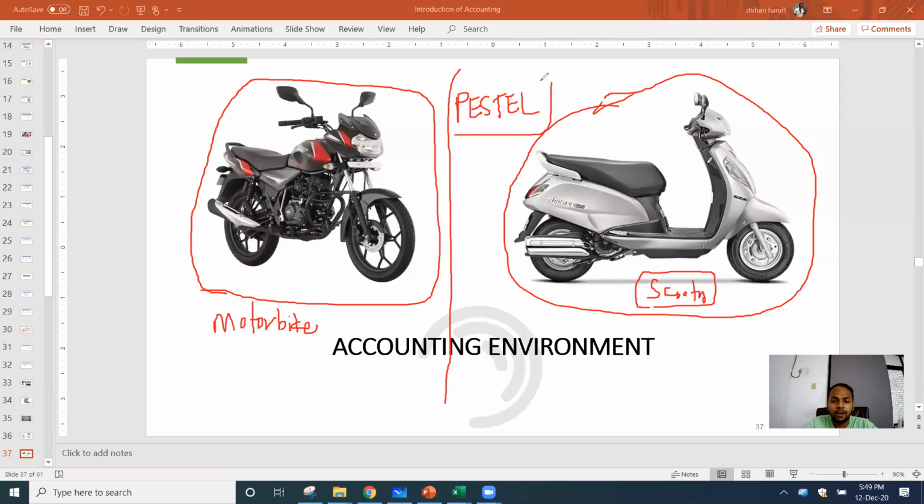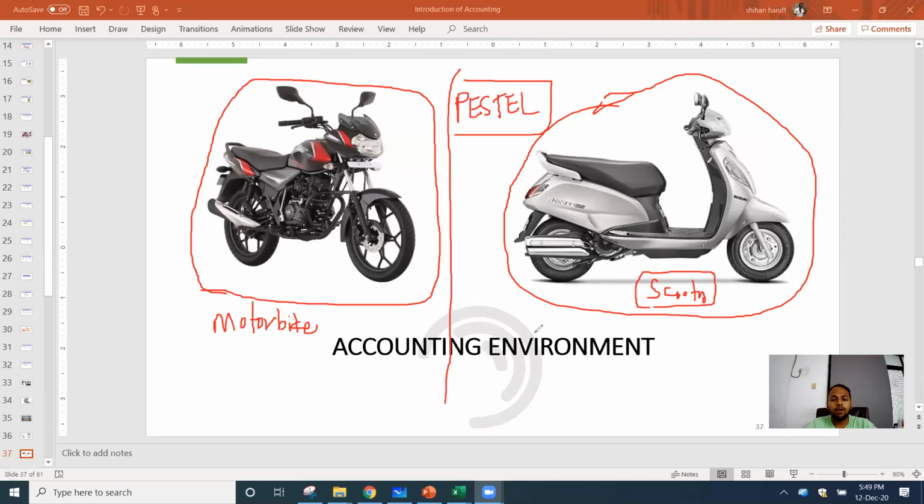What are the environmental factors which affected this change? Can you all tell me? You can text in the chat box. What are the factors that affected the change from motorbike to scooter? Technology, what sort of technology?